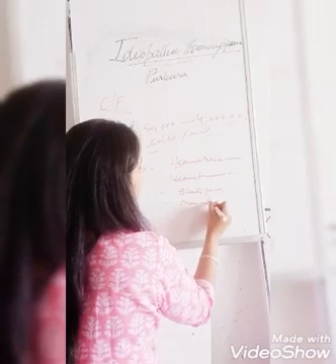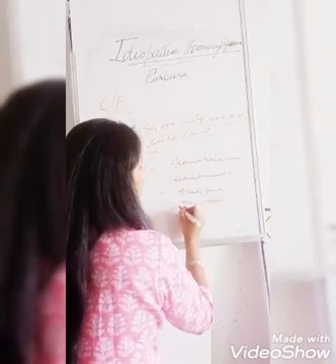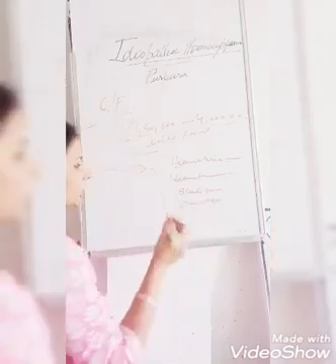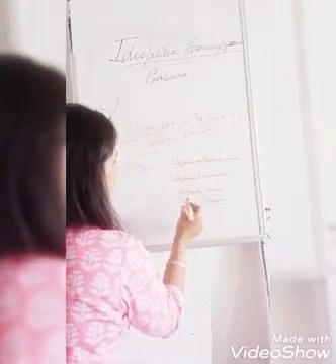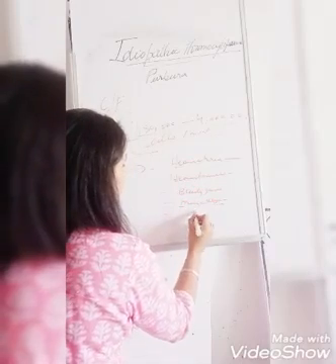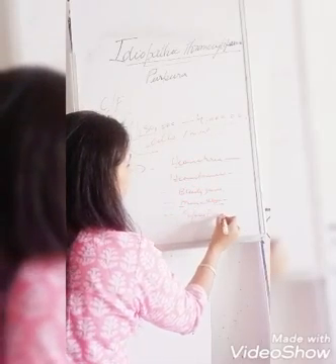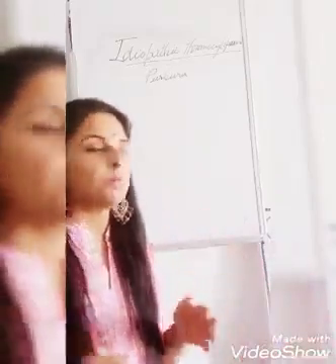Menorrhagia is heavy menstrual bleeding during the menstrual phase. Then epistaxis, that is bleeding from the nose. You will notice these symptoms in the patient, and there will be prolonged bleeding time, but the clotting time will be normal.